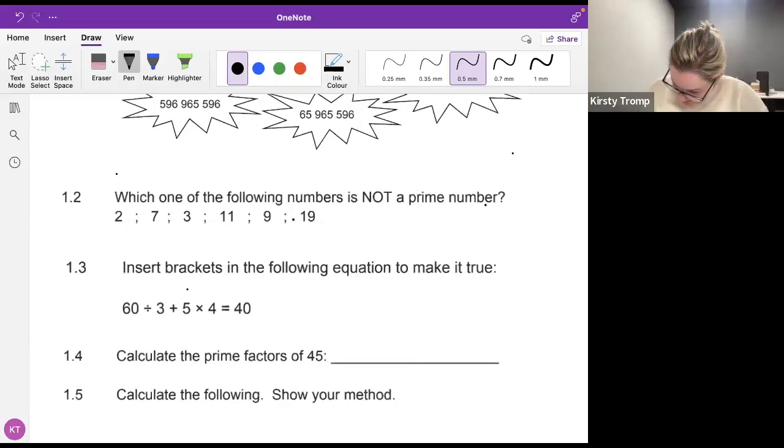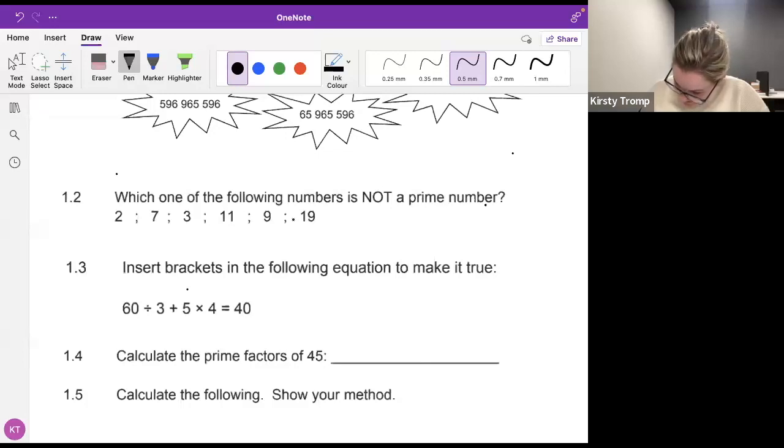So if, for example, we take 9, it can also be divided by 3. 9 divided by 3 equals? 3, yes. So there's an actual whole number for the answer. That's why 9 is not a prime number, because it can be divided by something other than itself and 1 and still give you a whole number.